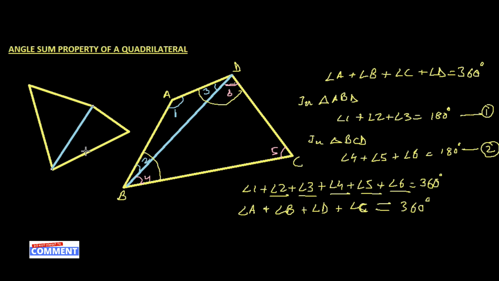And like I promised you in the beginning of the video, that I will show you lots of different kinds of quadrilaterals, no matter what kind of quadrilateral you want to take, and I will prove it to you visually that the sum is always 360 degrees. So let us go to the figure straight away.